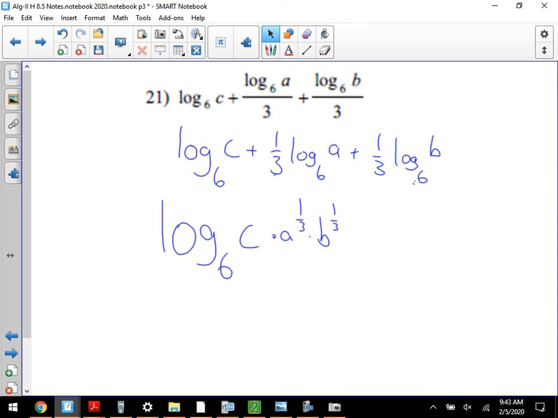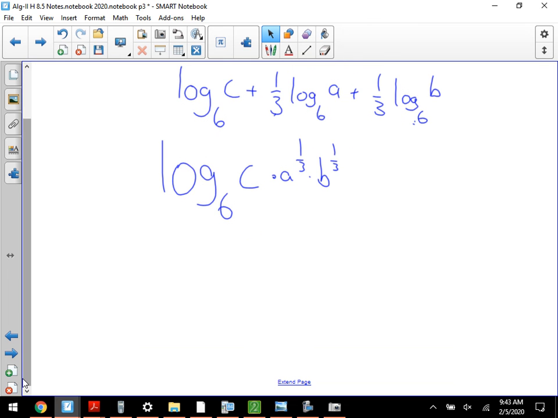Yes. What's 1/3 power? Cube root, right? So this is the exact same thing as saying log base 6 of c cube root ab. See what I'm saying by that's cleaner? Because they share the same exponent, so I can put them together. When things share the same exponent, we can put them together like that. All right? That's what that would look like.